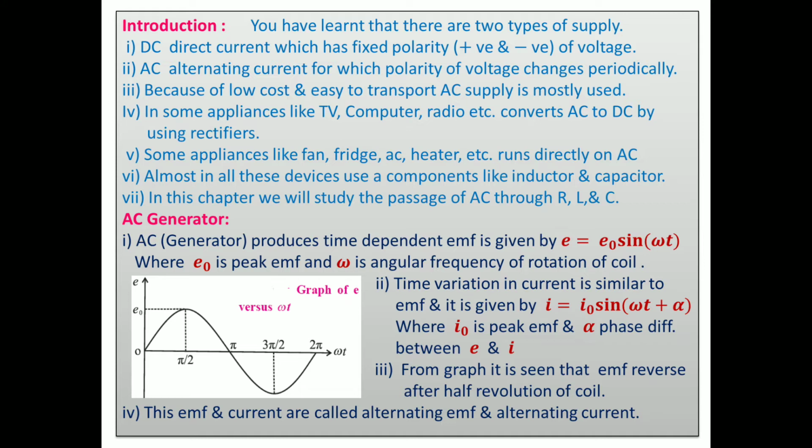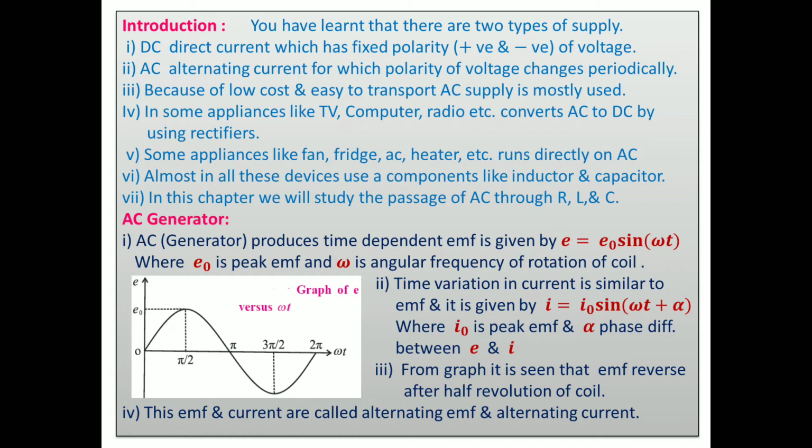Then we know that the AC generator produces a time dependent EMF given by E equal to E naught sin omega t. Time dependent means it is varying periodically with time, where E naught is the peak EMF and omega is the angular frequency of rotation of the coil.